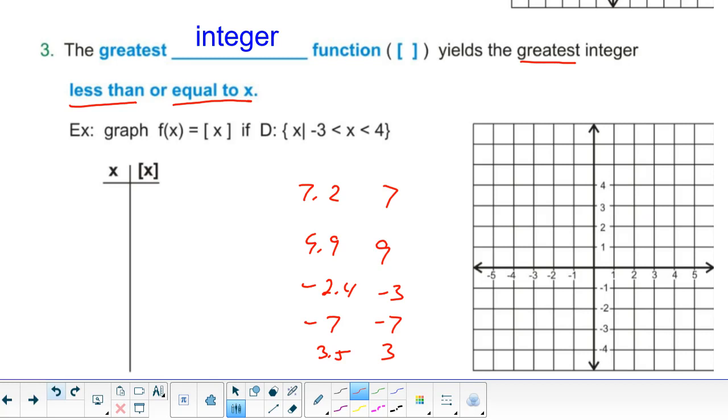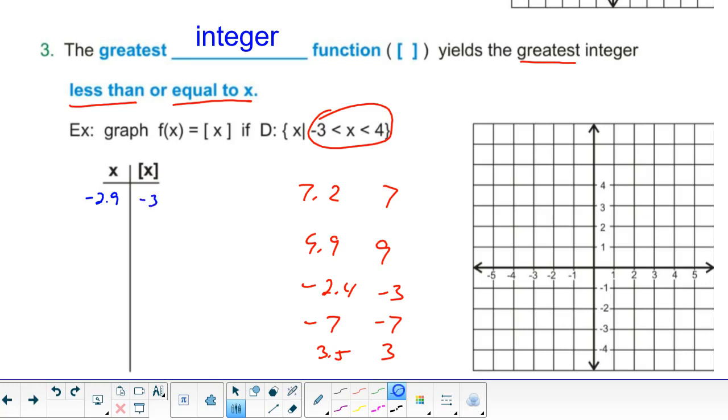So we have to look at the domain. This is the domain right here. I can only use values of x that go a little bit bigger than -3 and a little bit smaller than 4. So a little bit bigger than -3: how about -2.9? What is the biggest integer that is smaller than -2.9?